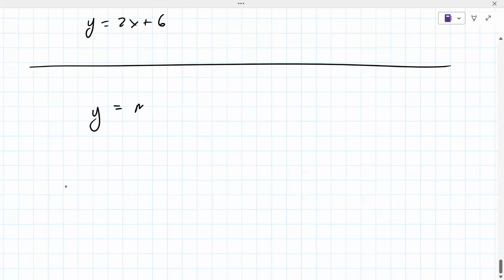Y equals MX plus B. M is 3, Y equals 3X plus B. And let's say it goes to the point 2, comma 1.